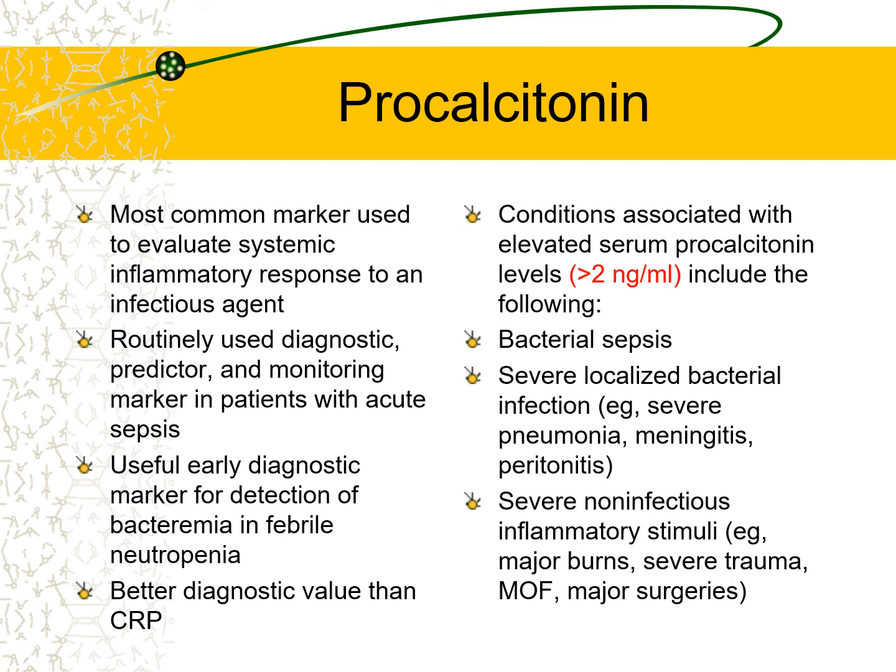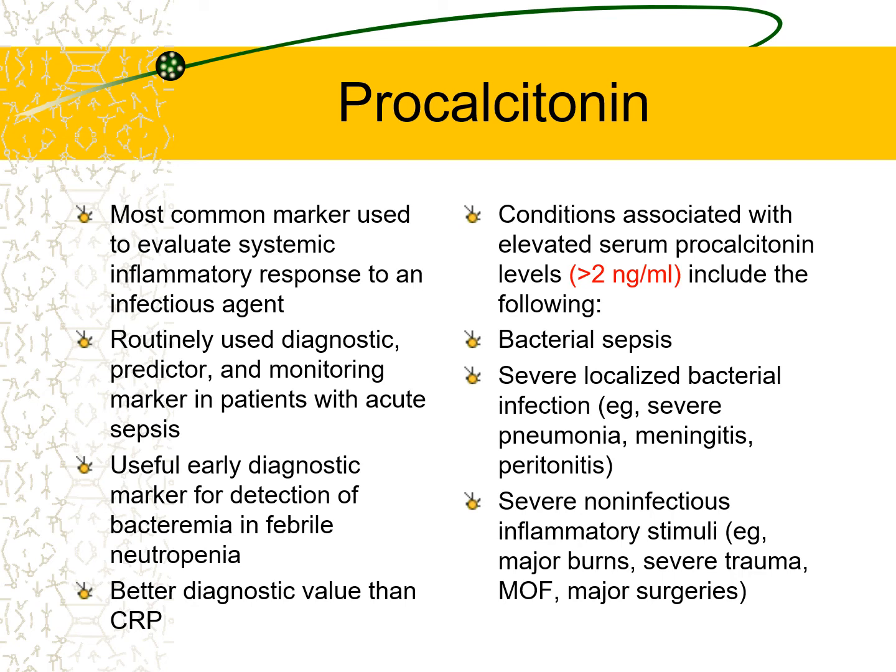You may do serial readings to find out if the procalcitonin is going up or coming down. We definitely will use it to monitor the patient's progress throughout their treatment. It's useful as an early marker for detection of bacteremia in febrile neutropenia. It is much better diagnostic value than the CRP. Remember, CRP and the SED rate are both very general. This has more diagnostic value.